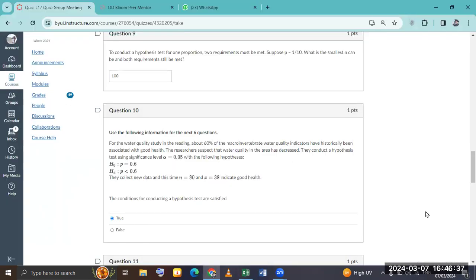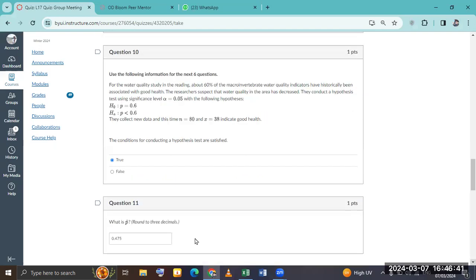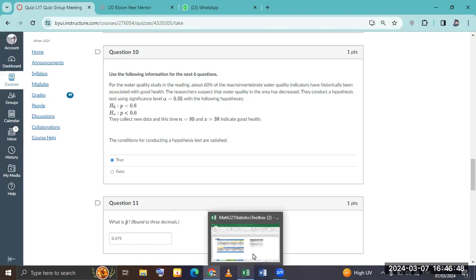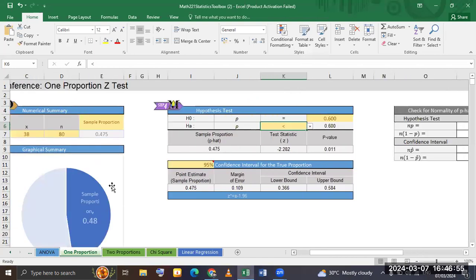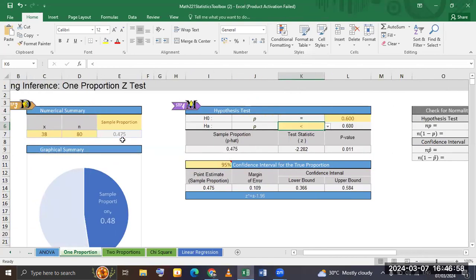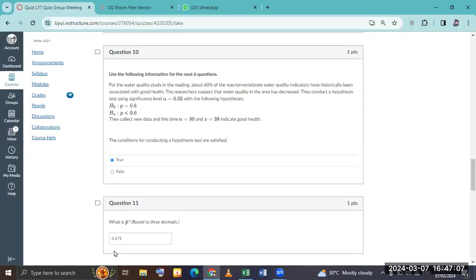It is true, right? And then what is p hat? We just go back to here. So X over N, right? Yes, X over N, which is this one, 0.475.